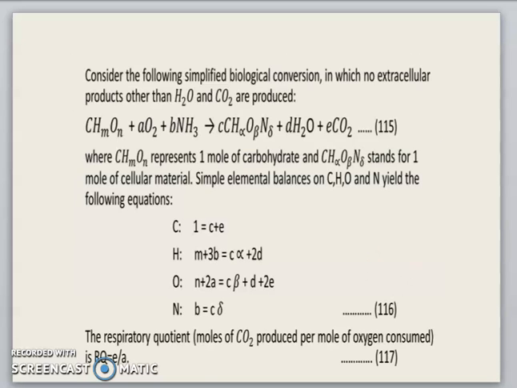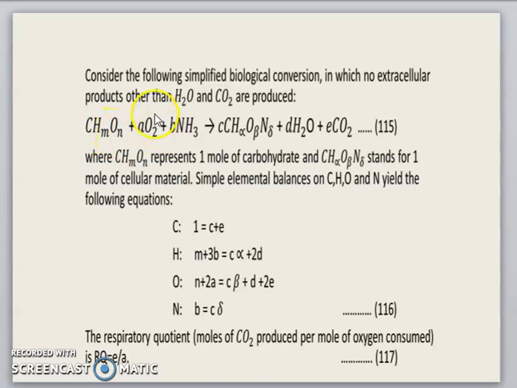Consider the following simplified biological conversion in which no extracellular products other than H2O and CO2 are produced. This equation shows a general stoichiometric equation for the fermentation. So this is the substrate, CHmOn.